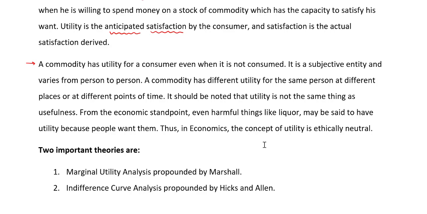It is a subjective entity and varies from person to person. A commodity has different utility for the same person at different places or at different points of time. So it may happen that a tea is having utility in the morning, but the same tea is not having utility in the afternoon when the sun is up.